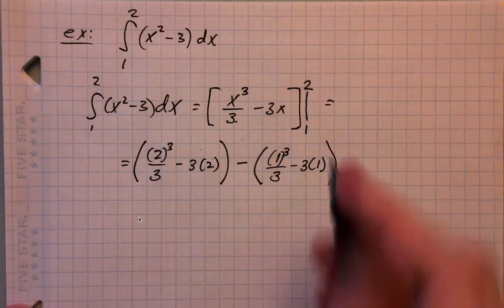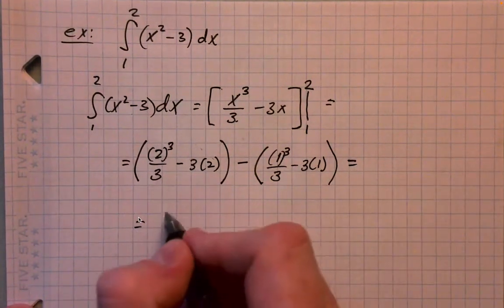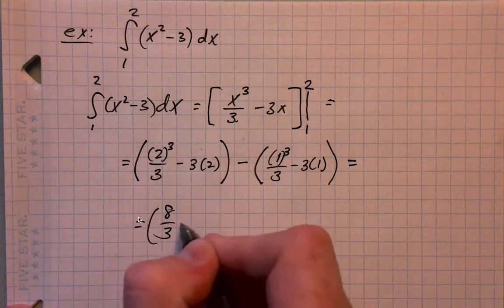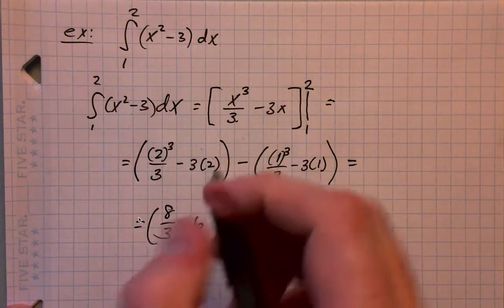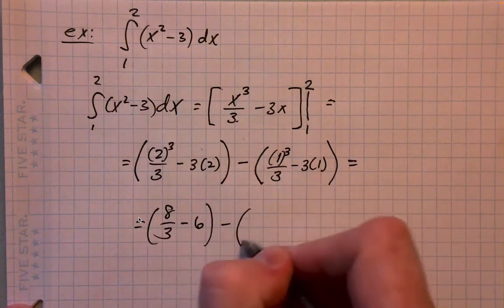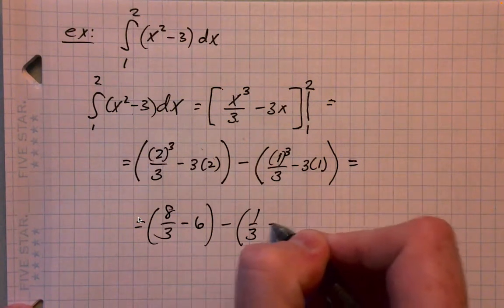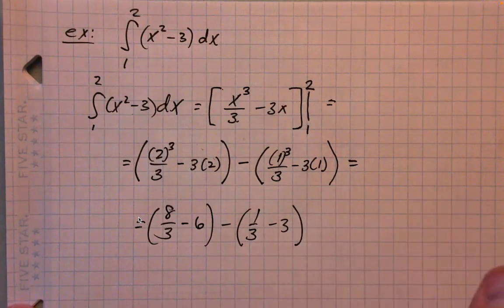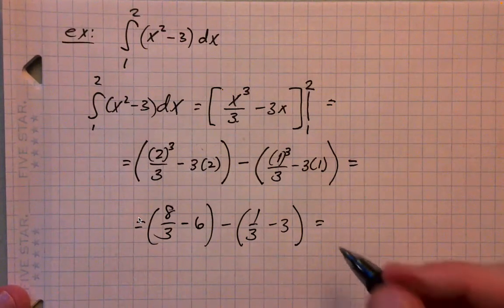All right, it looks like that. And so you get 8/3 minus 6 minus 1/3 minus 3. Okay, and then all of this can be figured out.